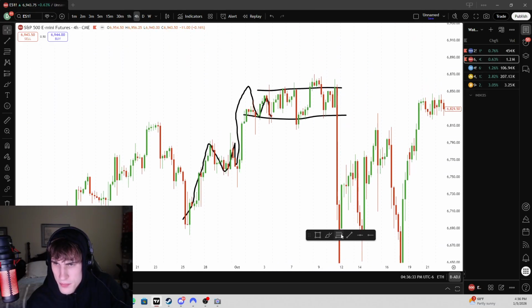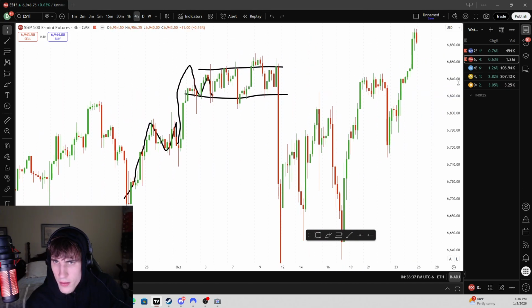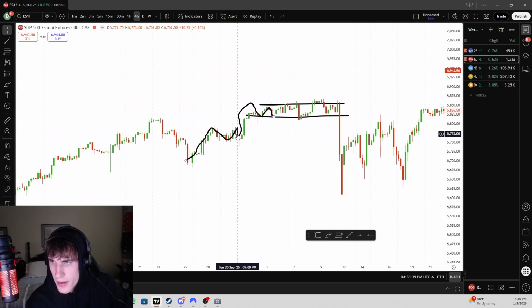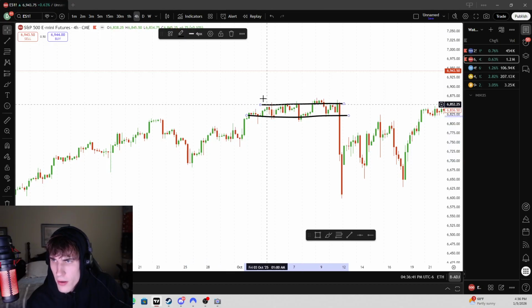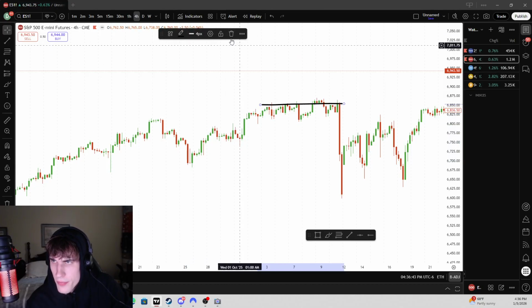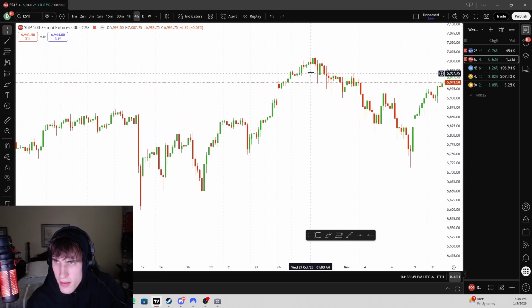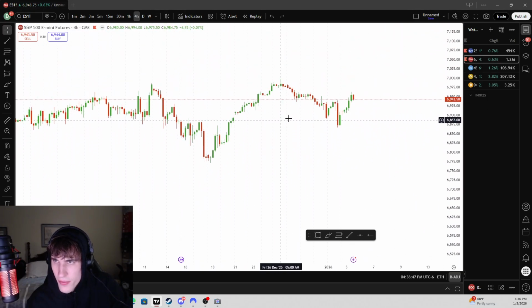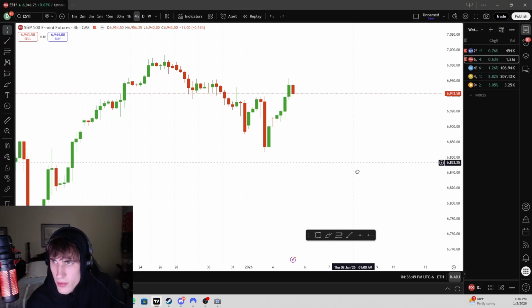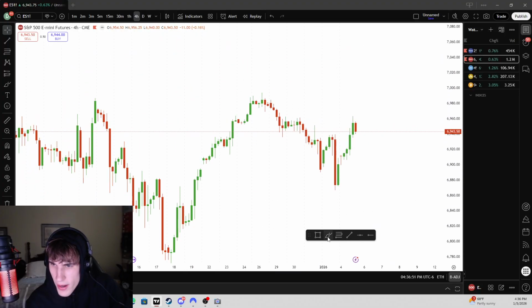Reversal. So pay attention to market structure, okay? Because market structure will take you a long way. And if you follow the 4 hour on a micro, you don't have to pay attention to all this. Like I said in video 1, pay attention to what's going on right now. What is structure doing right now?